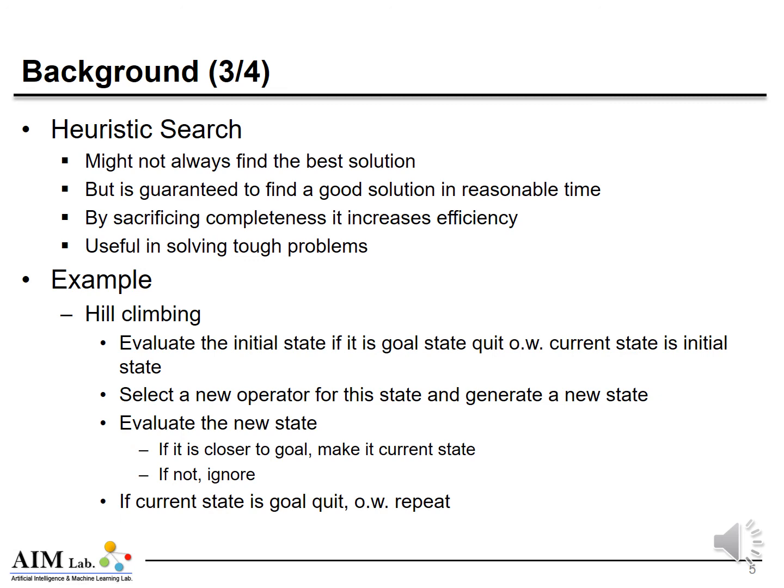Evaluate the new state. If it is closer to the goal state, we make it the current state, and if it is no better, then we ignore it. Finally, if the current state is the goal state or no new operator is available, then quit. Otherwise we repeat this procedure.